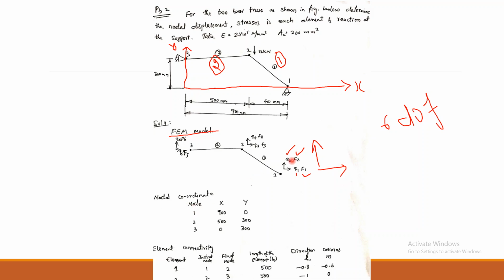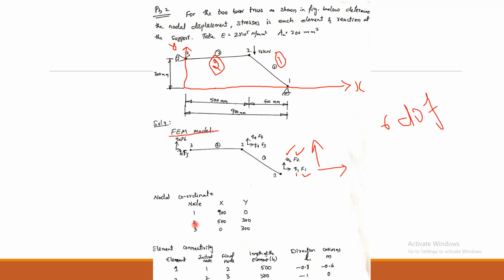So node 1, okay, we are having 3 nodes as you have seen from the FEA model: 1, 2, 3. Write that down. Node 1 has an x value of 900, which you will get from the actual model. Since it is along the x-axis, we don't have any y coordinate, that's why the y value is 0.